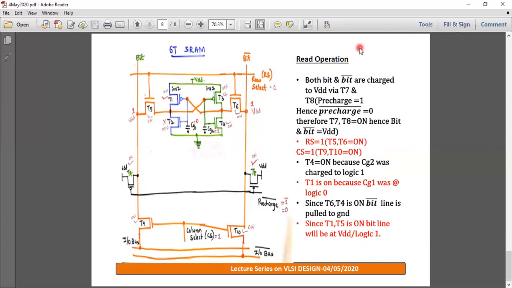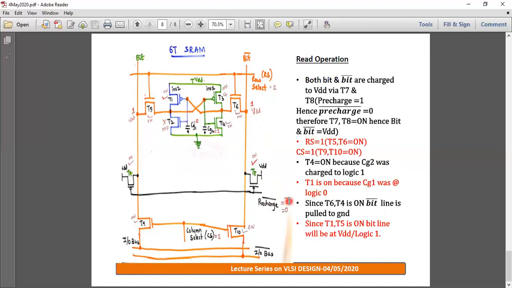So now let us analyze the read operation. Again, before performing read operation, that is retrieving the logic levels from memory cell, both bit and bit bar lines should be charged to VDD, and they will be charged to VDD via T7 and T8 transistors.